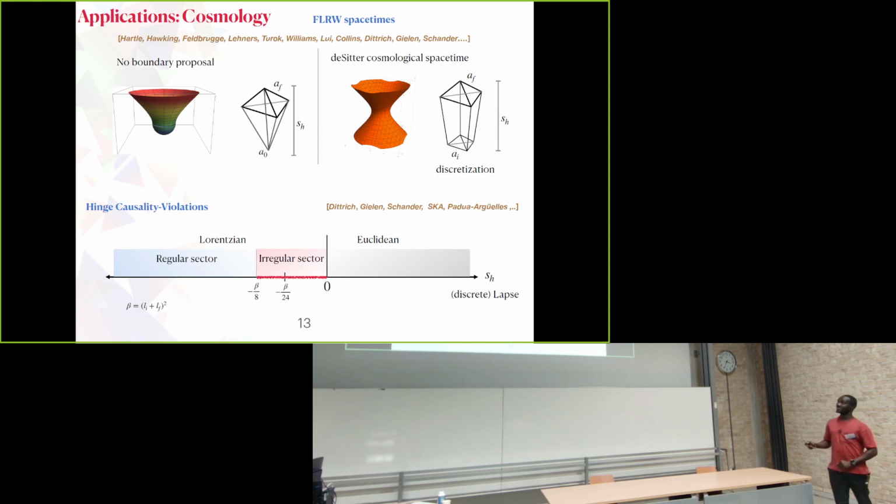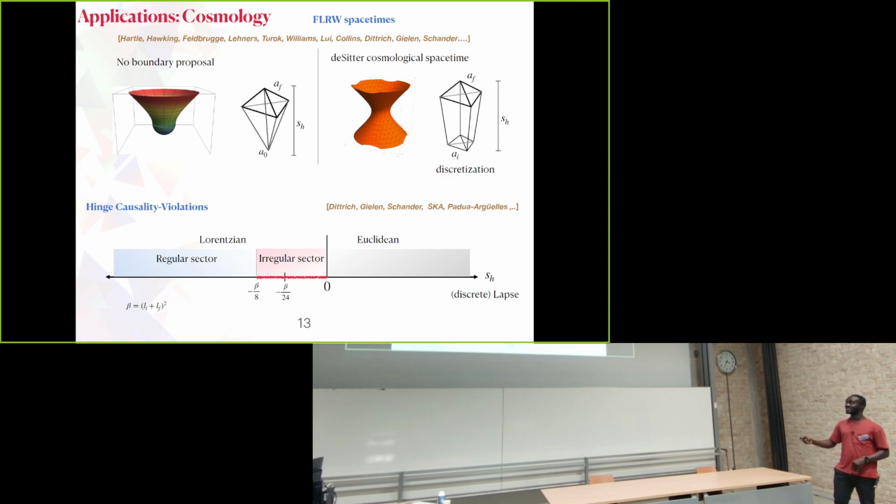About the causality violations, these two examples actually manifest causality violations. I show here the lapse axis. For some values of the height or the lapse, your configurations are only Euclidean.